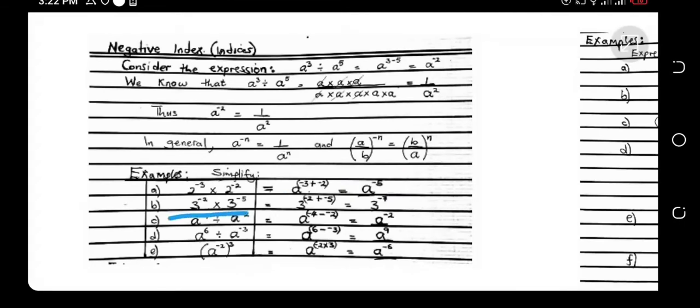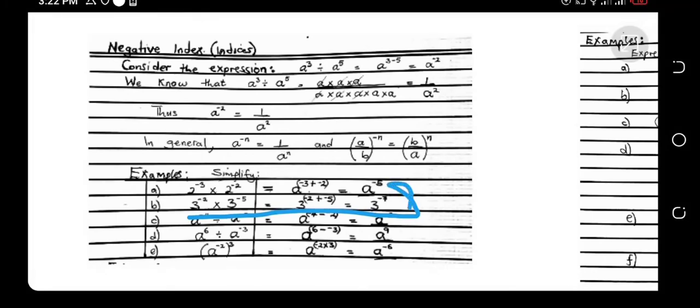You apply the same rule here, and the answer is 3 to power negative 7. Still you add the powers, negative 2 plus negative 5, and you get 3 to power negative 7.